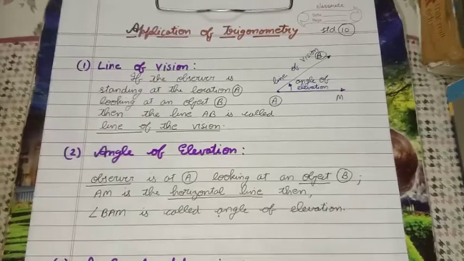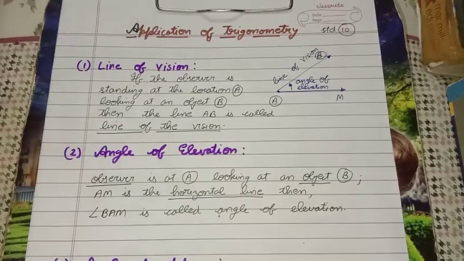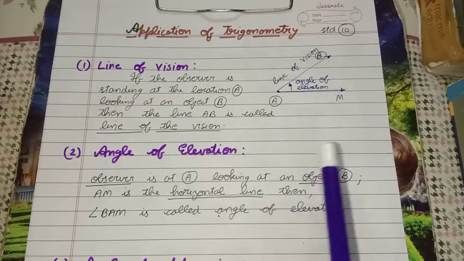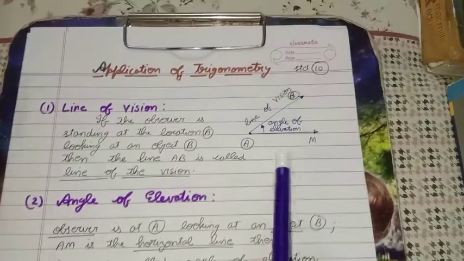Okay, so before moving on to numericals, let us understand some basic definitions or concepts. Line of vision. Now what is line of vision? I have drawn a diagram for you. Can you see this?